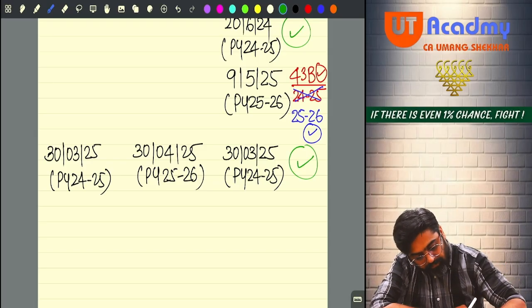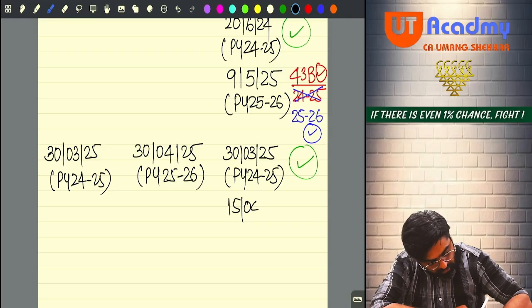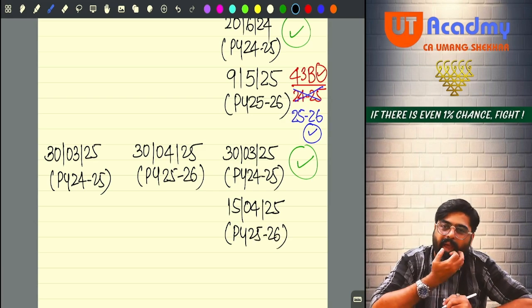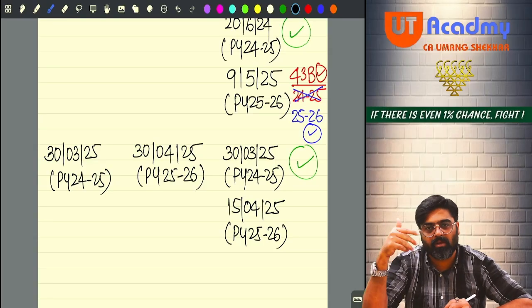Now tell me, can you pay on 15th of April 2025, meaning in the next year 25-26 you are making the payment? When will it be allowed? Will it be allowed in 24-25? Will there be any disallowance? No. You can claim the expense on mercantile basis.